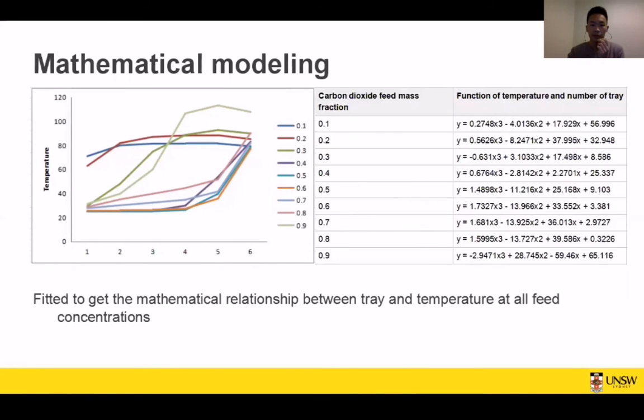The new data was fitted with Excel to show the functional relationship, and a nice set of curves and the corresponding formulas were obtained.